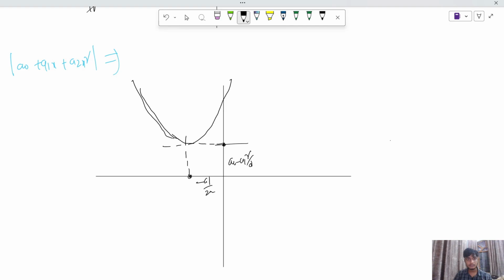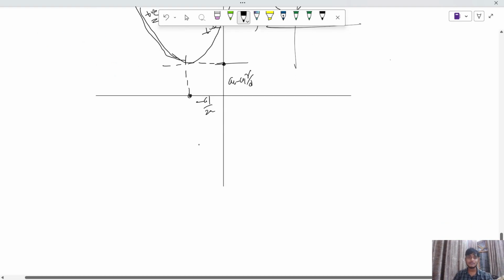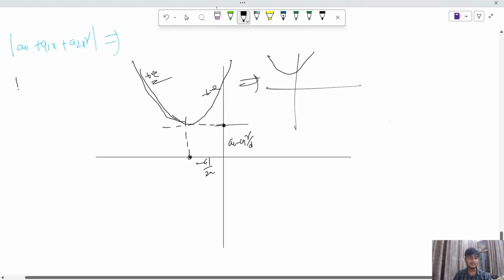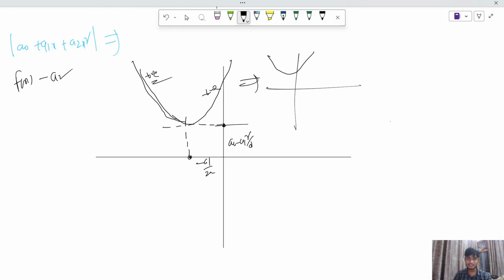Okay, so here both are positive. So if you do modulus of it, what will it look like? Both same. So both will look like this only. But let's say you did something like f of x minus a2, you shifted this to negative.